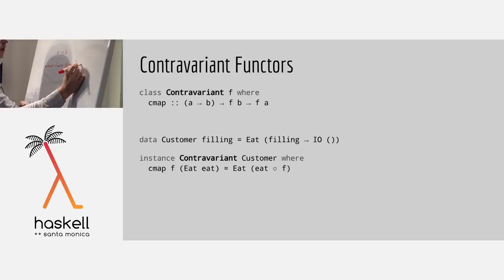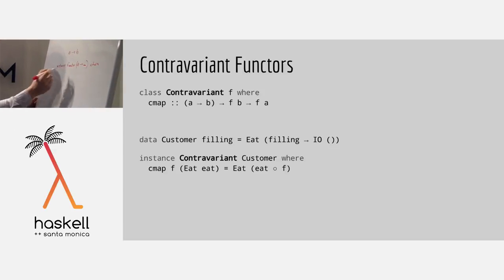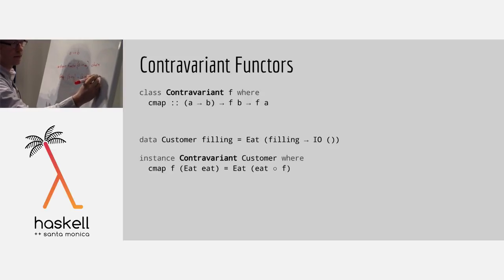Then let's give a type signature to fmap. fmap says if you give me an x to a y, and an f of x, so that's going to be an a to x, then you'll get an f of y back, so that's an a to a y.